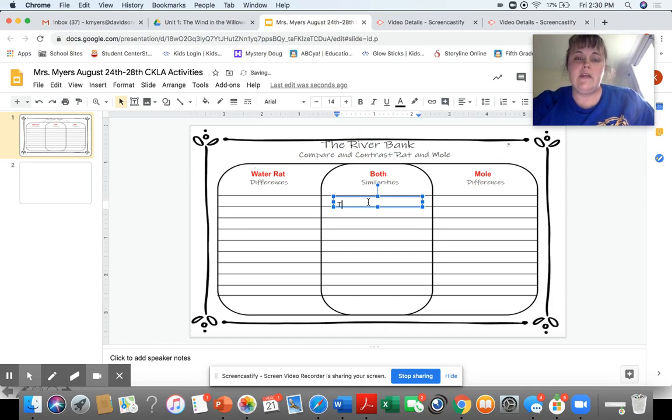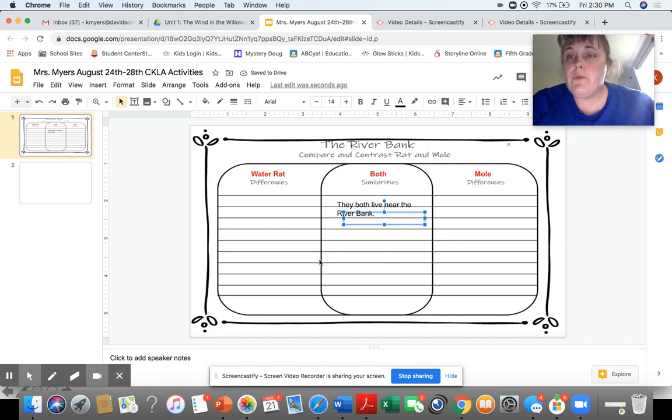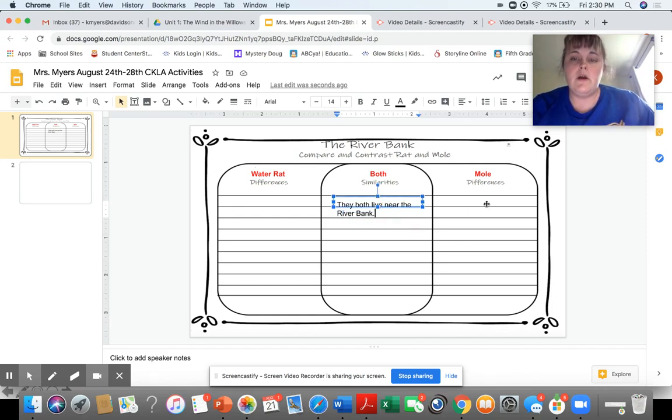So you might say they both live near the riverbank. Okay? That might be one way that they're the same. They're both animals. They might both be wearing clothes. What's the difference though?